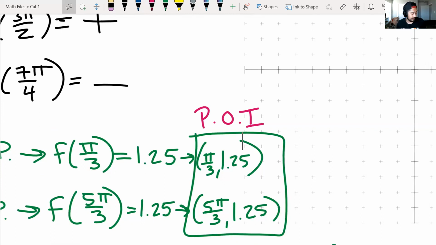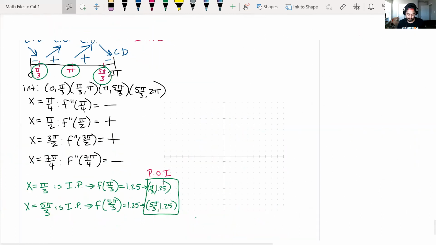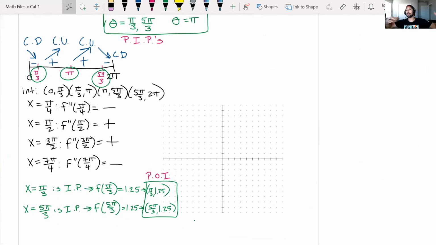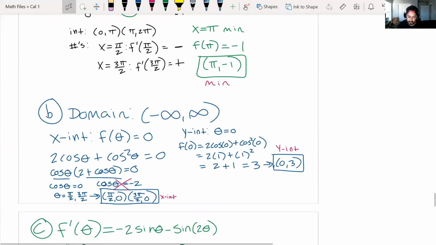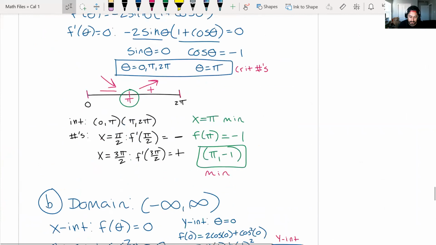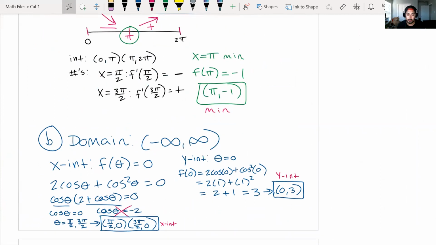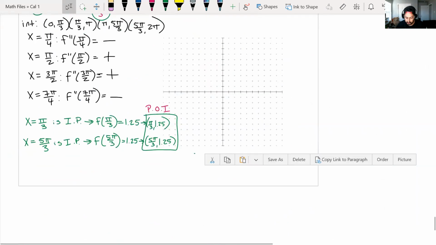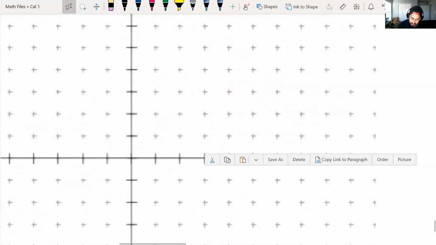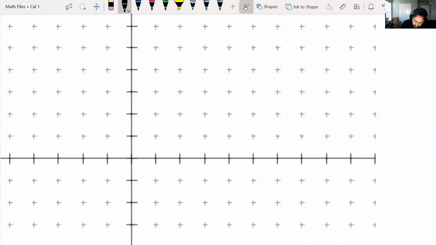Which means we are ready to graph. So we'll start with, you can plot the points in any order. From step A, I got a minimum at pi and -1. So I'm going to make this chart accordingly as the unit circle.